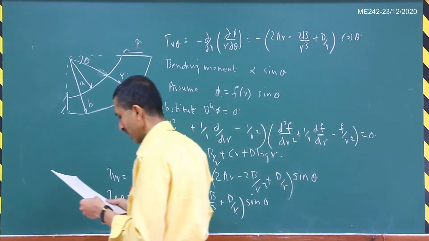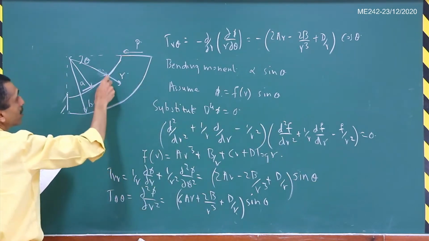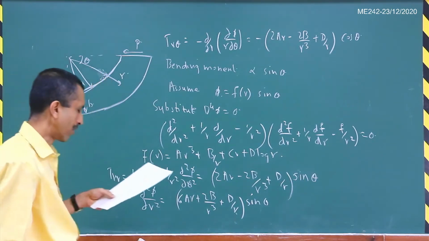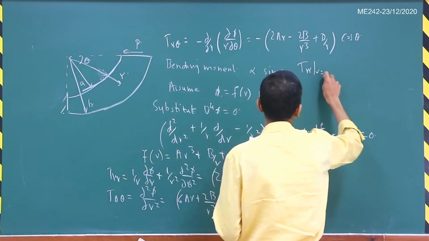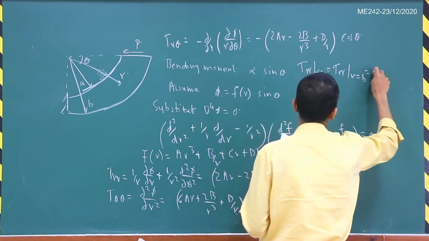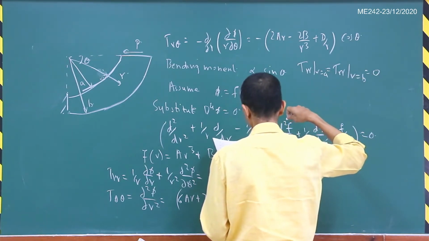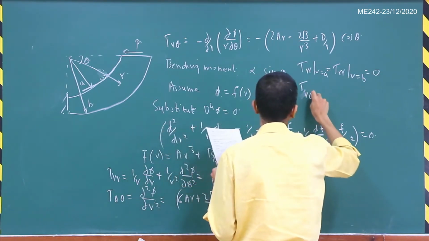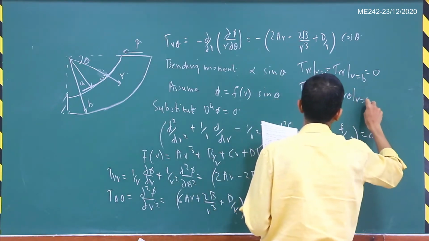And so now what are the boundary conditions, right? So at r equal to a and at r equal to b, your tau r r and tau r theta are going to be 0 because of the traction boundary condition, right? So you will get that tau r r at r equal to a is equal to tau r r at r equal to b is equal to 0, and also you will get that tau r theta at r equal to a is equal to tau r theta at r equal to b is equal to 0.